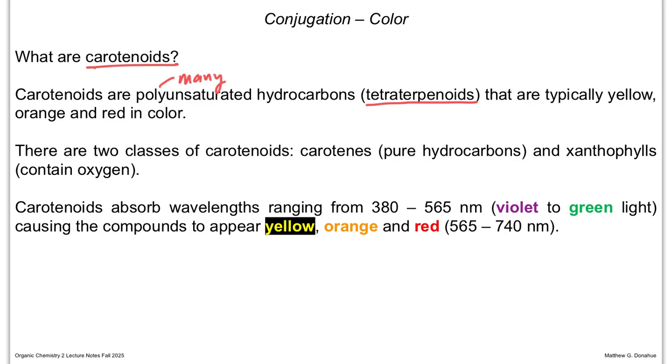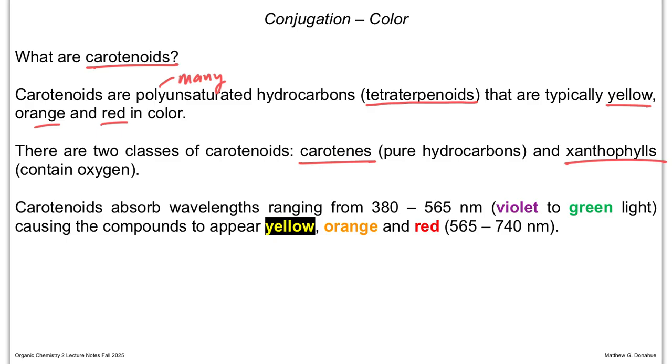Terpenes are a class of molecules, and the bigger family or class is called lipids, which you've probably heard of. Carotenoids are typically yellow, orange, or red. From there, the pure hydrocarbon ones are called carotenes, and ones that have oxygen are called xanthophylls.